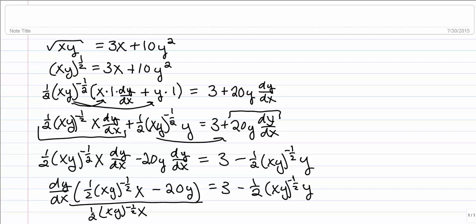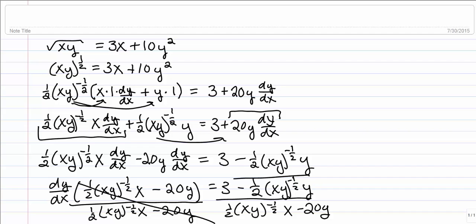And we're going to divide on both sides by 1/2 (xy) to the negative 1/2 power times x minus 20y. And this is our dy/dx.